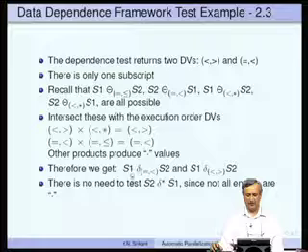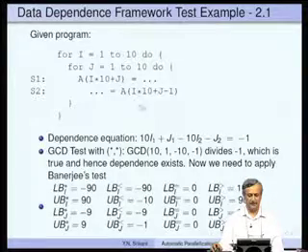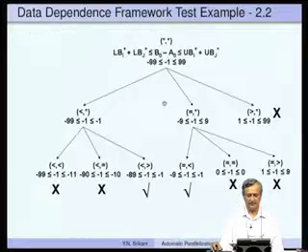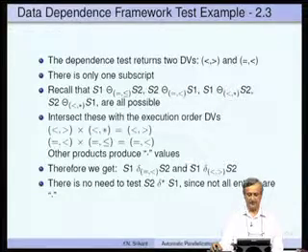So, we have possibly S1 delta equal to comma less than S2 and S1 delta less than comma greater than S2. The position of the two references already indicates, see for example, S1 has this on the left side and S2 has this on the right side. So, it indicates that it is a delta, not delta bar or delta O, and since this has been proven true, there is no need to test S2 delta star S1.